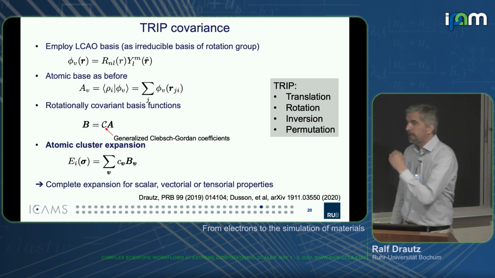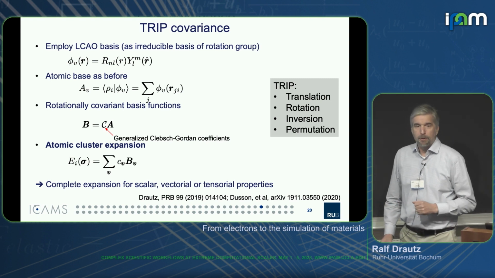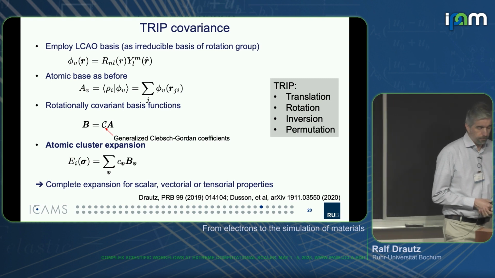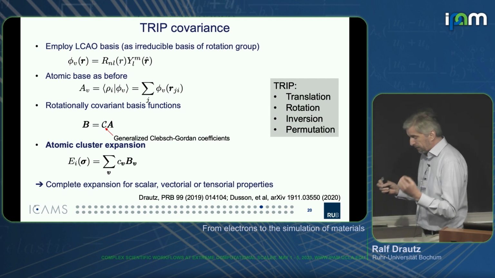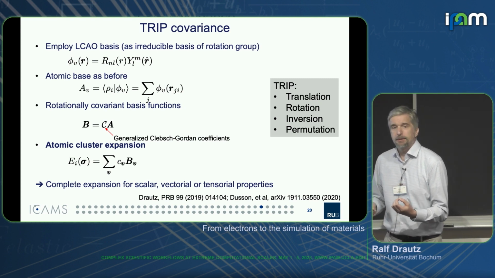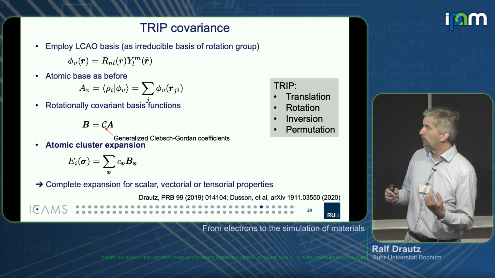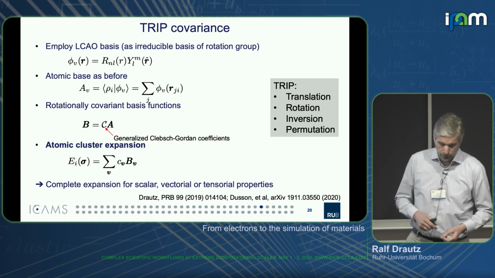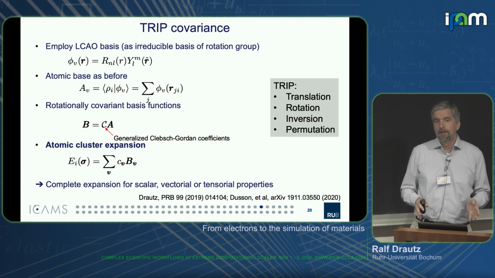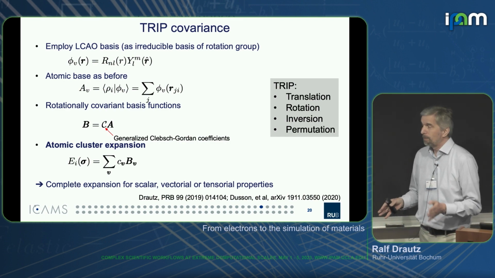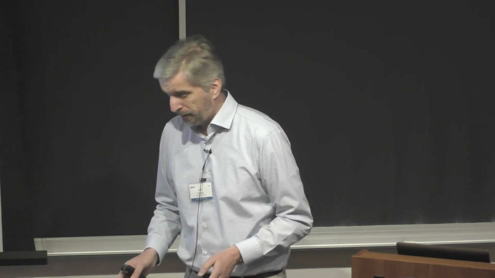We're not completely done yet. Yesterday we also heard about symmetry in kernels. And here the same, of course, from an interatomic potential, one expects that it's rotationally invariant, for example, or that it's invariant under inversion. And we didn't put any of this information in there. So far, it was just a complete expansion without any consideration of symmetry.